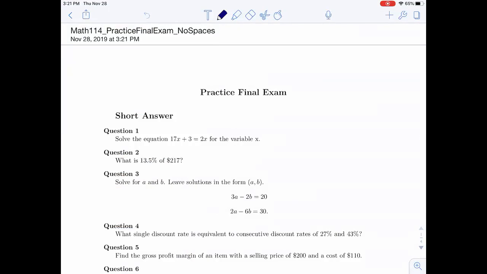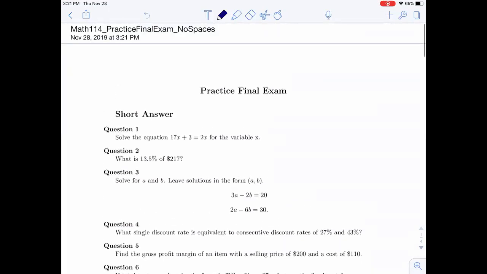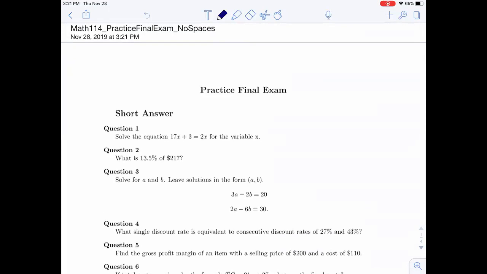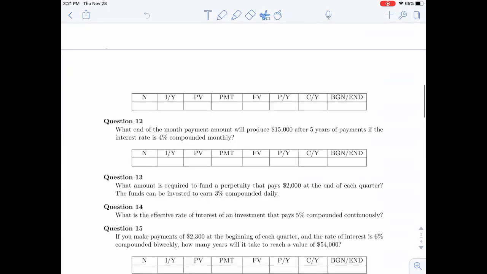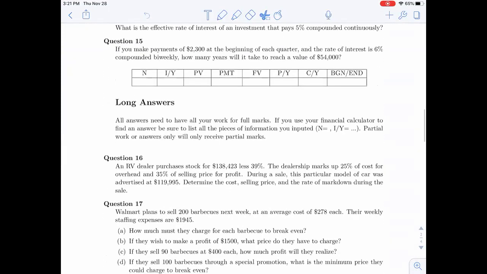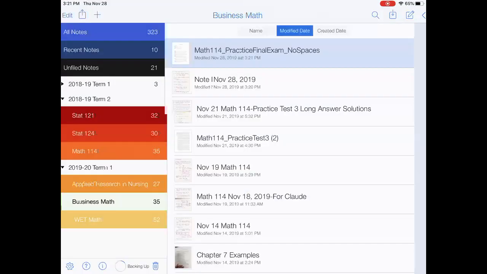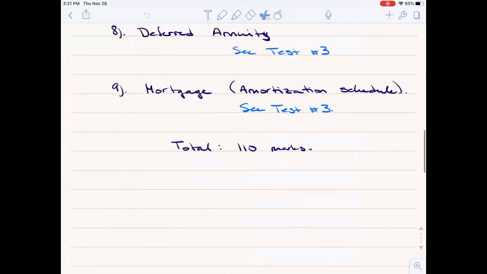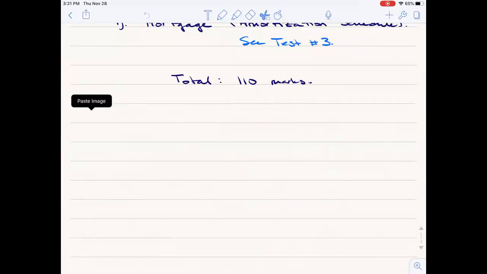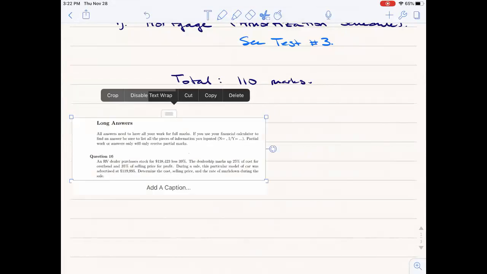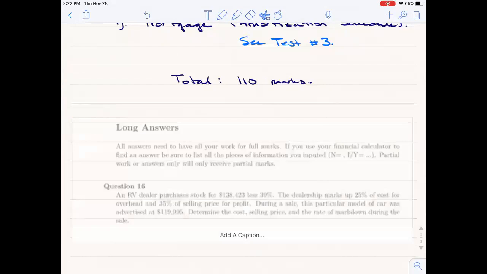So just like before, we're not going to go through the short answers because they're just kind of quick fire drill questions, right? I will post the solutions, so not to worry. But let's skip straight to the good stuff. Because remember, the short answers is only, I think, 20 marks, right?